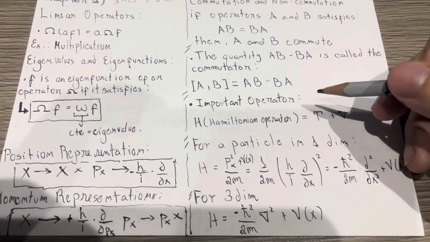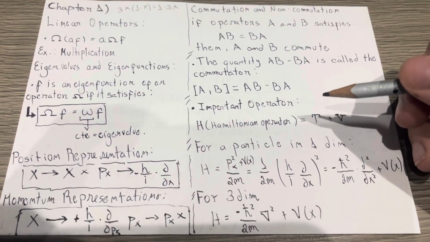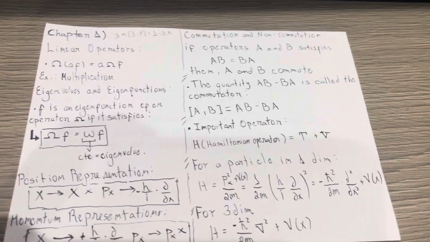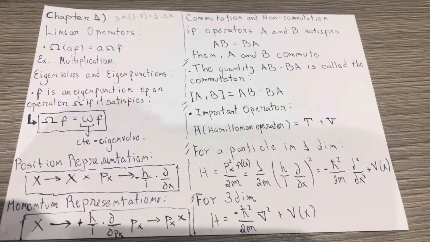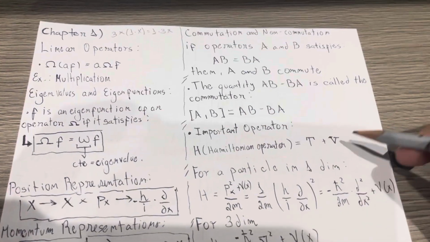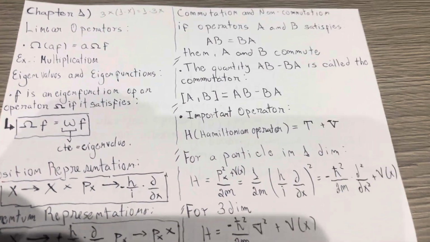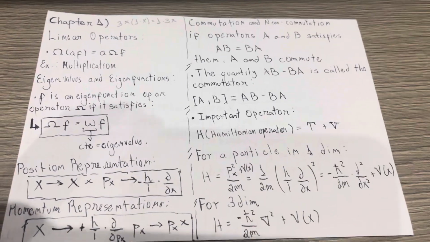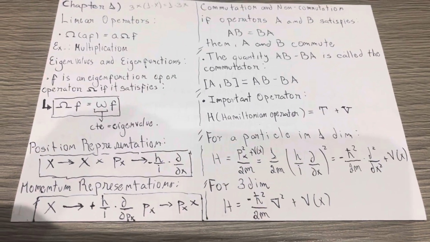And here is an important operator, the Hamiltonian operator. I had some experience with this in the chemistry Olympiad, so I already knew that, but this time we will go further in the math and it will probably get harder and harder, but okay, let's face it.